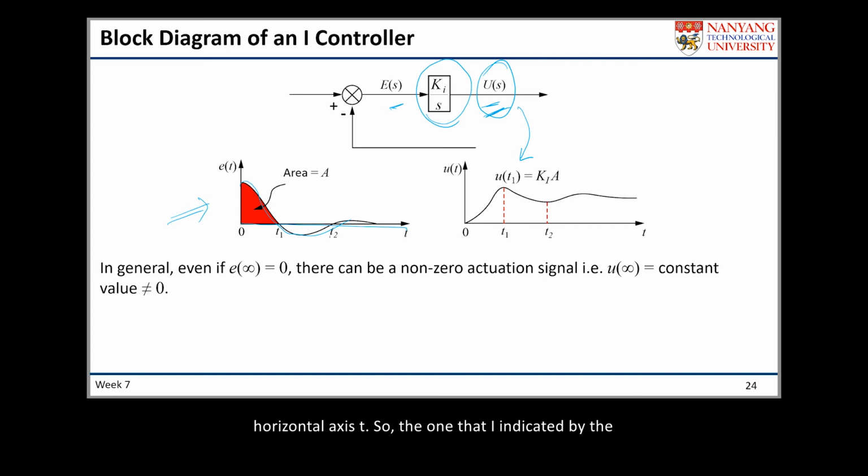The red area here is the area that is proportional to the U action of your controller.